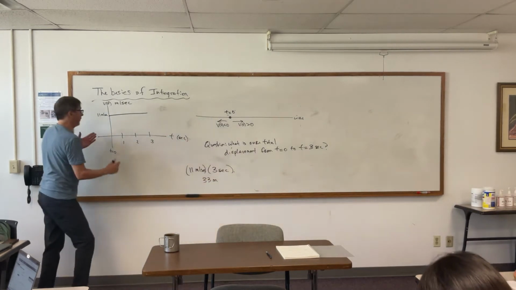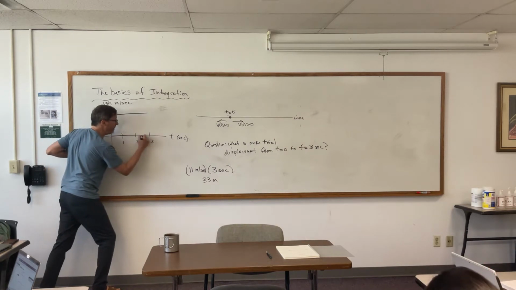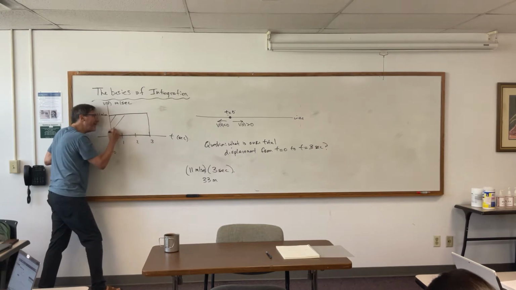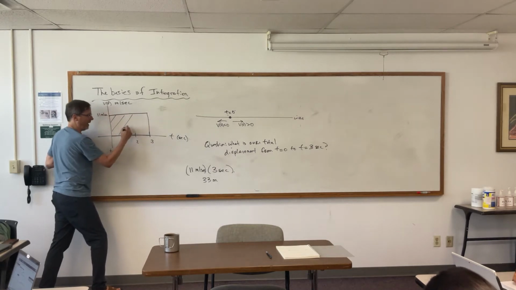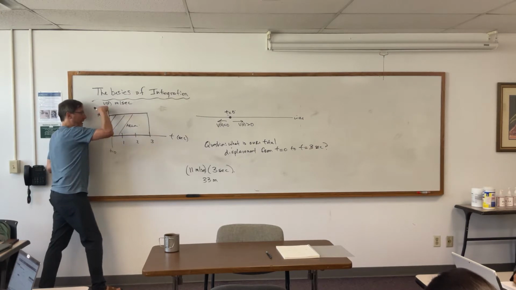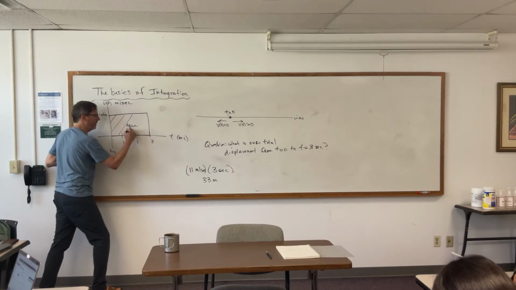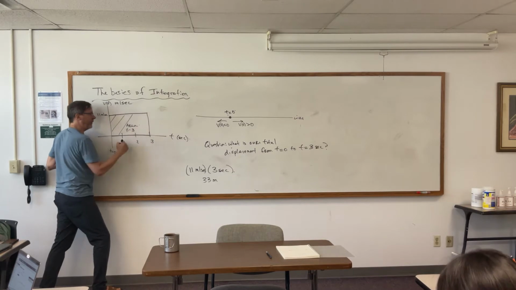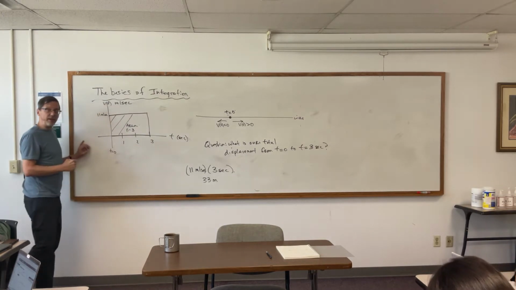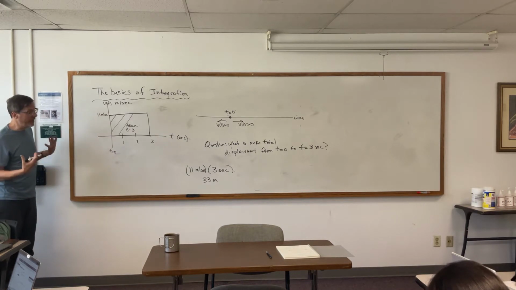What we did was we took the time times the velocity, and notice that that is also the area of this rectangle. So the area of this rectangle is height 11 times base 3. Does that make sense? That was 33 in this nice simple scenario.